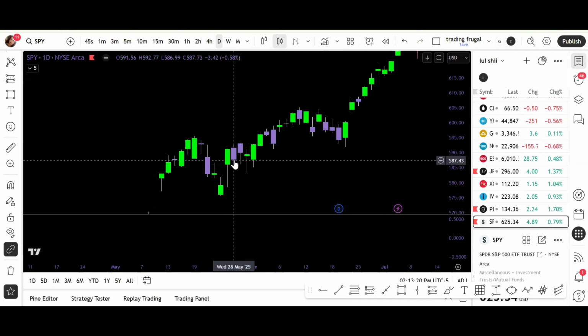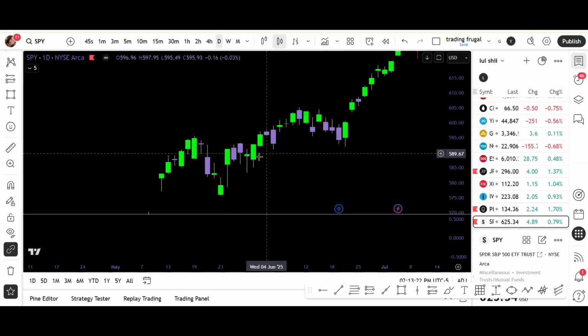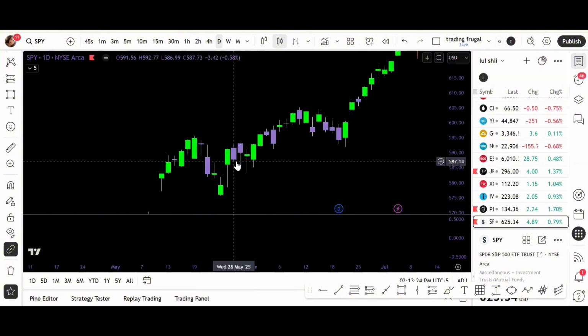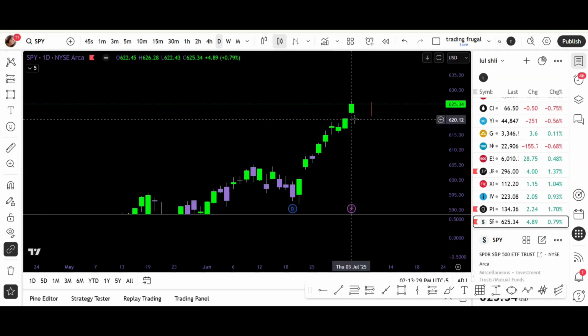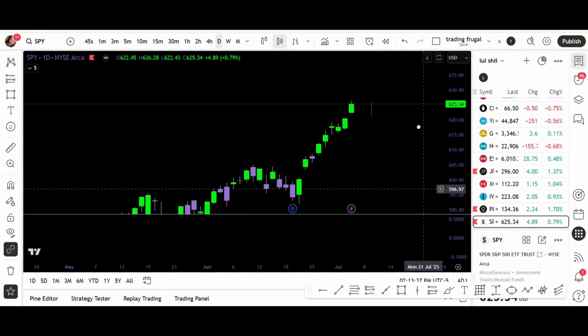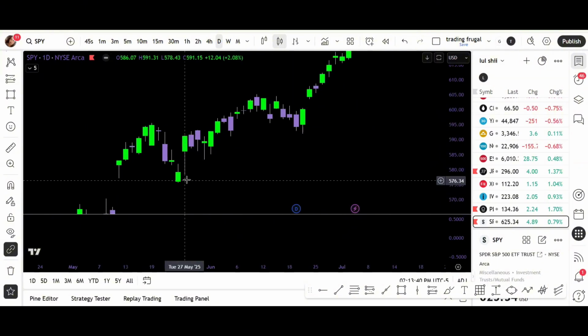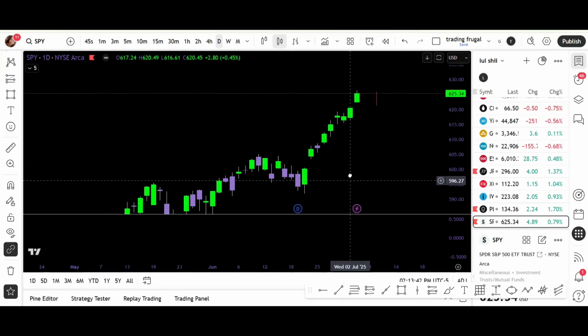This was back on May the 28th, at 587. If I would have ridden this all the way up as a swing trade until July 3rd, the other day before market closed, it went up over $30.